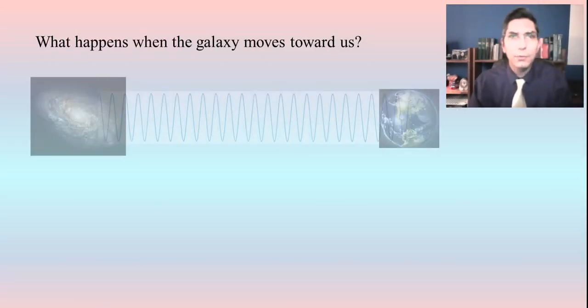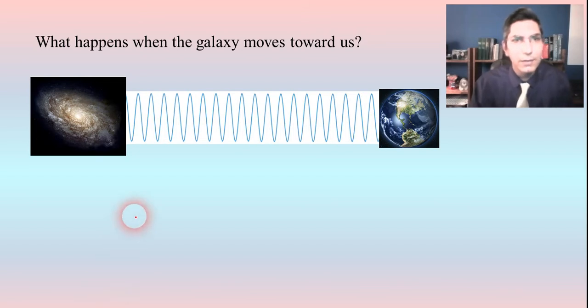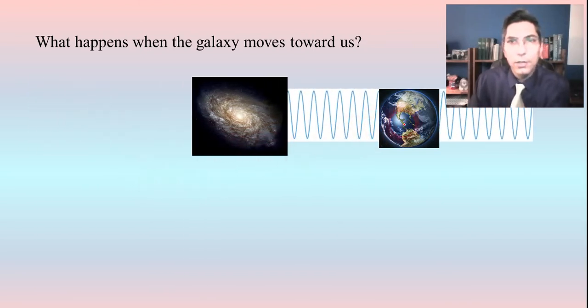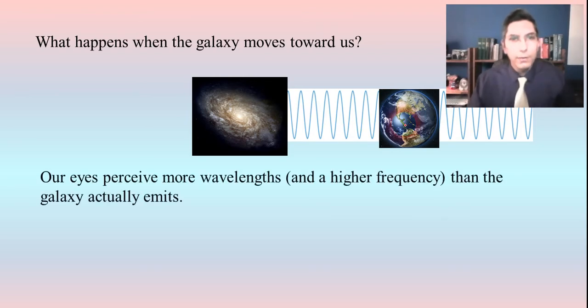When a galaxy moves towards us, let's imagine that we have a galaxy here, and I just found a couple of random pictures of galaxies on the internet. So here we have a galaxy, and it's giving off light. So we can imagine the waves here. And here we are on the Earth. So when the galaxy moves towards us, and this is of course exaggerated, notice that we are seeing more waves.